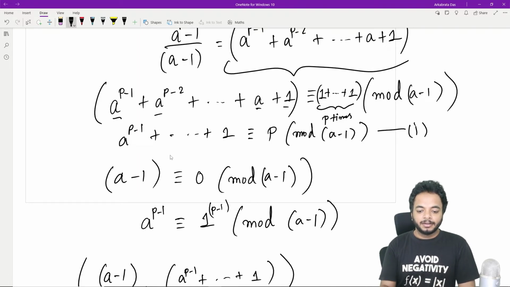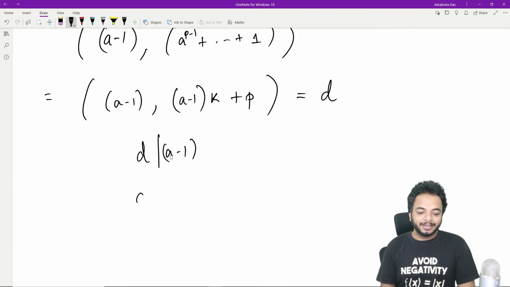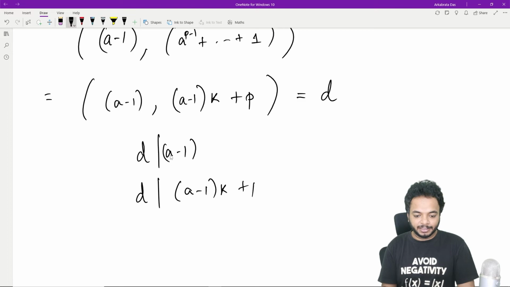Now suppose the GCD is d. Then d divides a minus 1, and d should divide this whole thing, that is a minus 1 times k plus p.